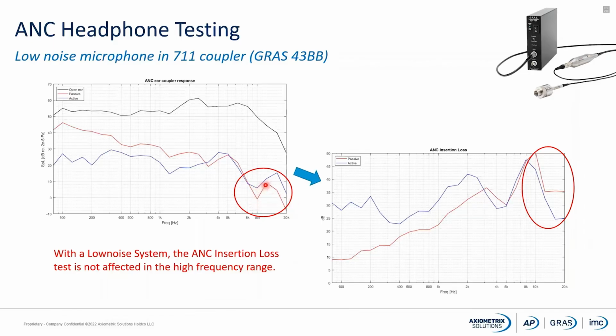I don't know why we are measuring this difference. That's probably related to how the algorithm works. But the good thing is that now we can actually measure something, and we are not limited by the performance and the noise floor of our ear simulator, microphone, and preamplifier combination. So this is something to consider as well.